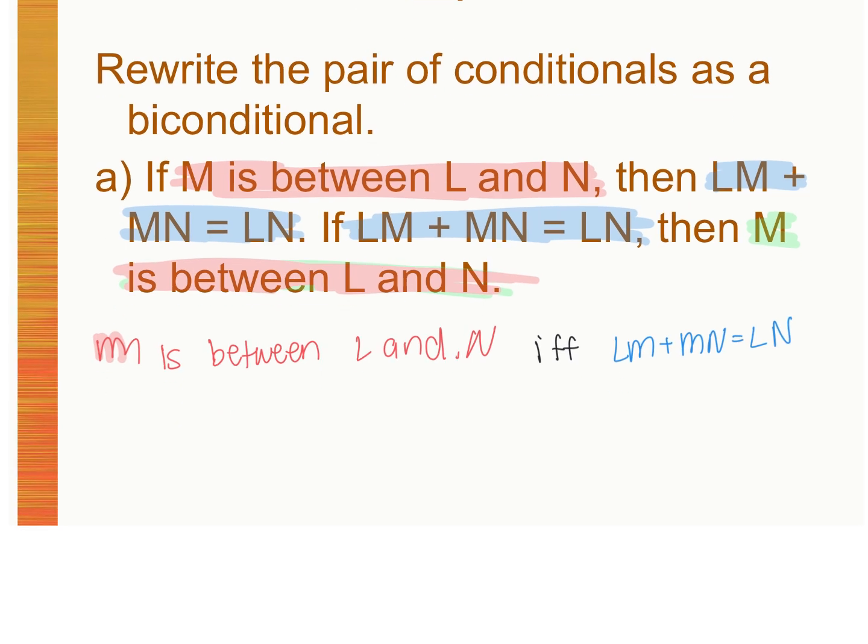And then the second one I'm going to write as a biconditional statement. This is going to be: LM plus MN is LN if and only if M is between L and N.